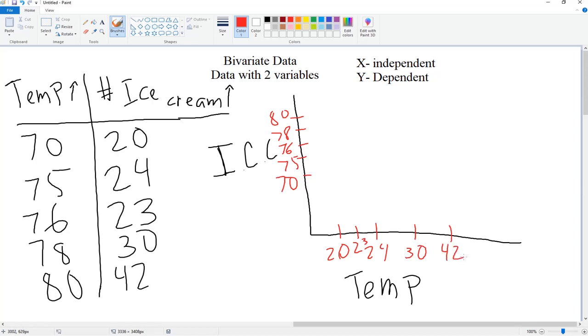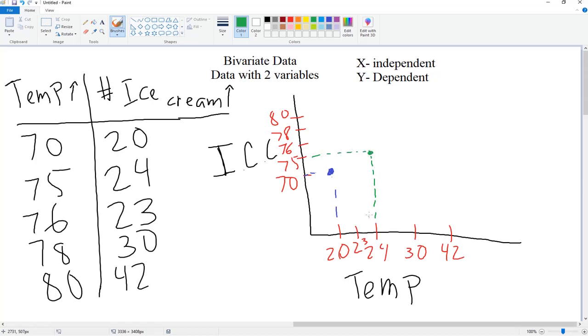All I'm doing is just graphing. I'm intersecting where they are. So it's kind of like a battleship. I know that I'm supposed to hit 70 and 20 because at 70 degrees they sold 20 ice cream cones. So that's right here. And then I know that at 75 they sold 24, so right here.